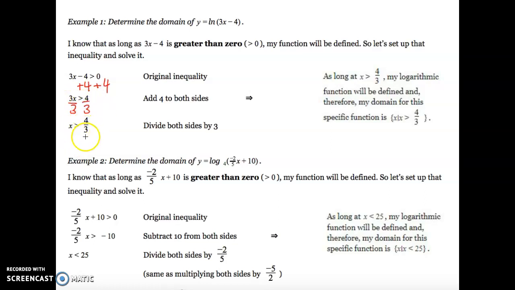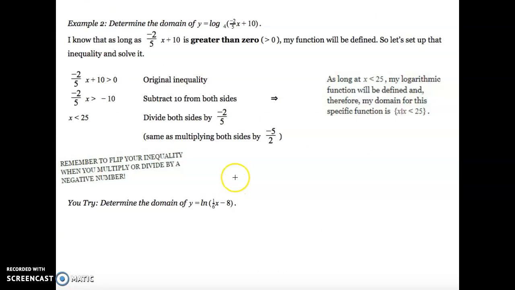And then I have this inequality. So as long as x is greater than 4/3, my logarithmic function will be defined, and your domain is set. So we would write the domain as the set of all x's such that x is greater than 4/3.